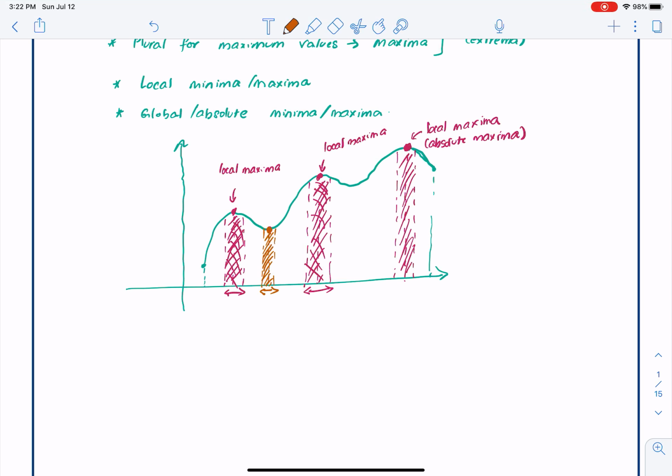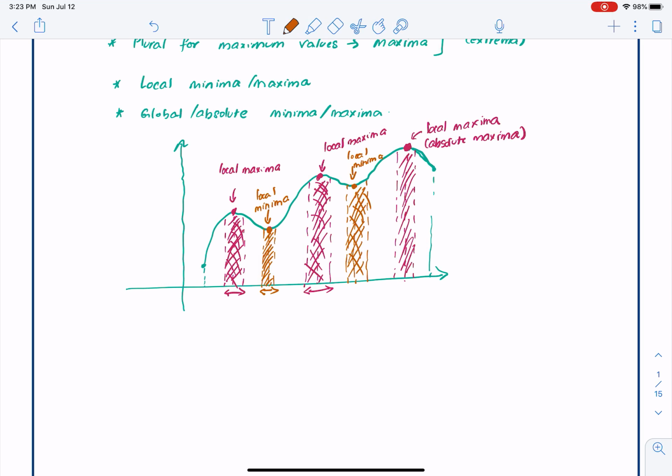So the value that I just sketched is the smallest value on the interval that I shaded, and that would become a local minimum. In a similar manner, if I looked at an interval to the right and left of that point, then that point would also be a local minimum.